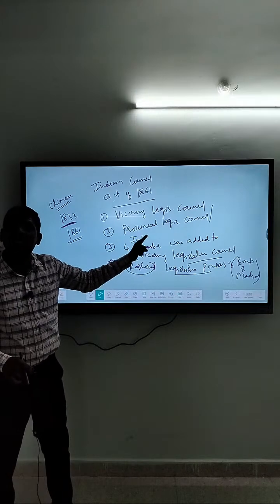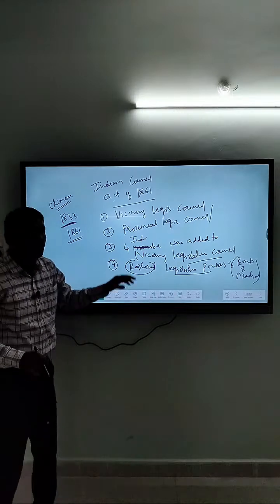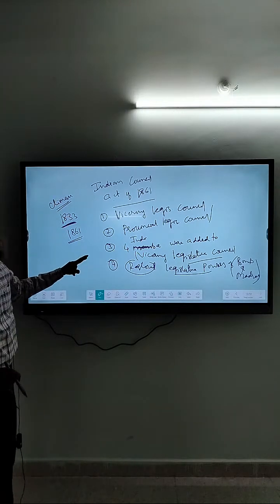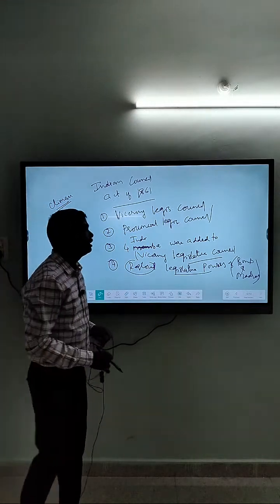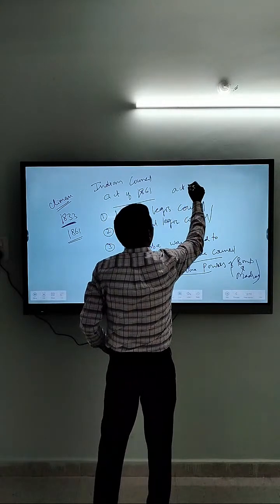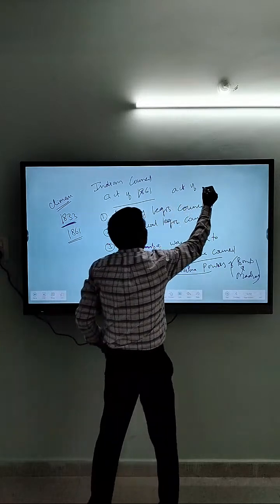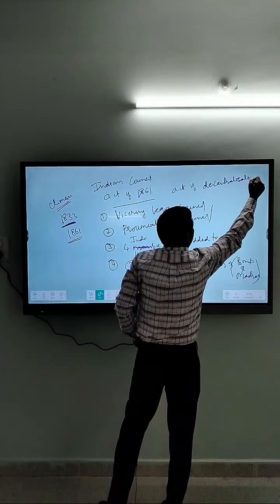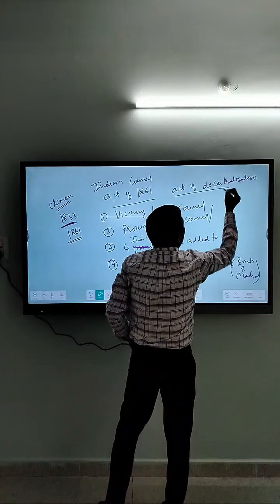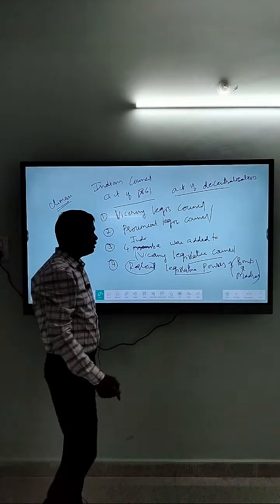If we call the 1833 Act an act of centralization, then the 1861 Act is an act of decentralization. So this is one thing.